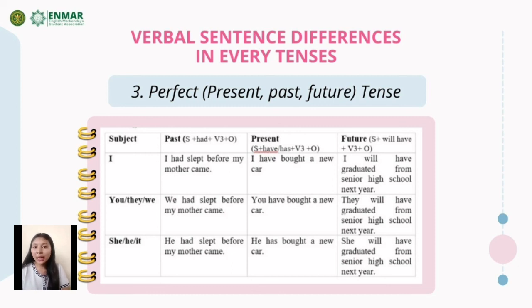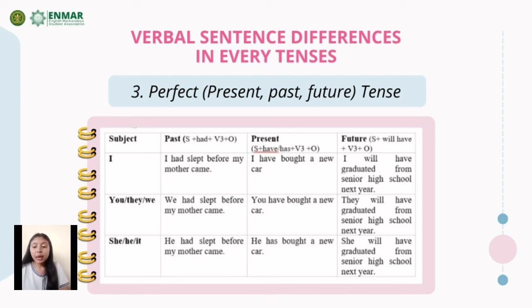And next, the last tense is future perfect tense. Future perfect tense is a tense that is used to express or explain an action that will be completed in the future. General formula: subject plus will have plus verb 3 plus object.